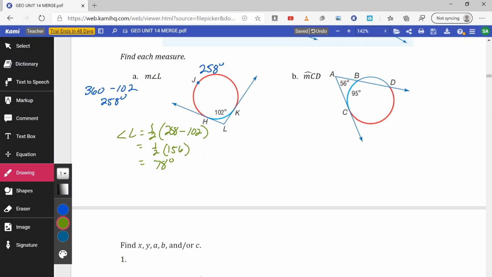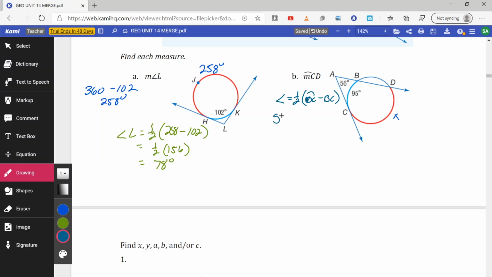And we can also go backwards. If we're given an angle measurement and an arc, we can find the missing arc. So here we're told angle A is 56, BC is 95, and we need to find CD. So again, the theorem states the angle is equal to half of the larger arc, in this case DC, minus the smaller arc BC.